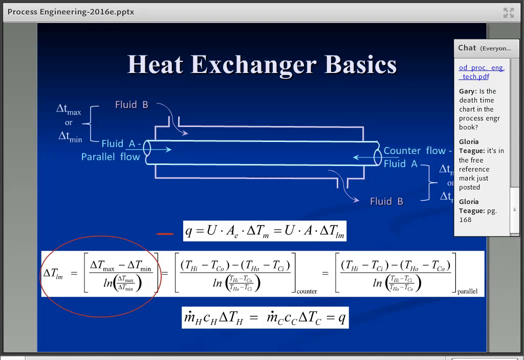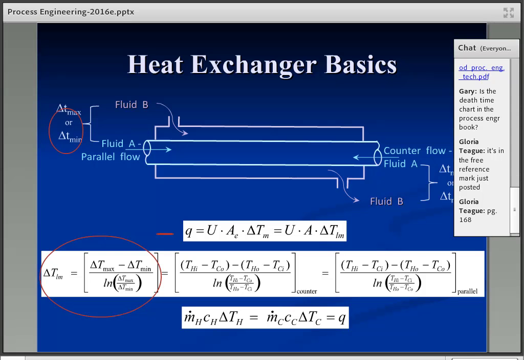But the first definition there, the log mean temperature difference is delta T max minus delta T min divided by the log of the ratio of those two, delta T max over delta T min. And the definition of delta T max and min is shown up on the diagram now. So on the left-hand side of this exchanger, you're going to have a delta T. It might be the larger, it might be the smaller.